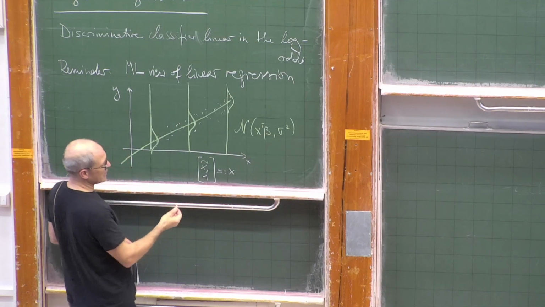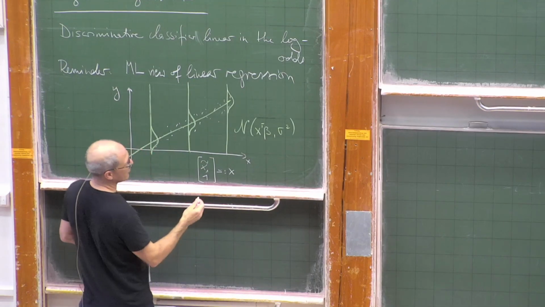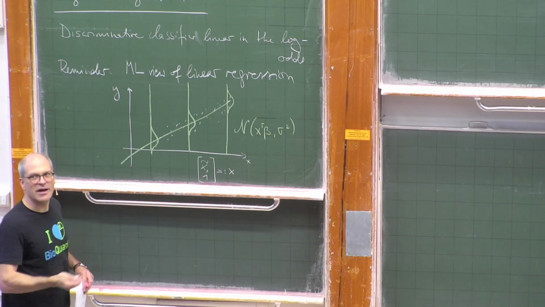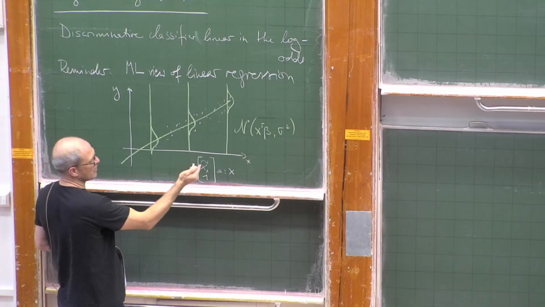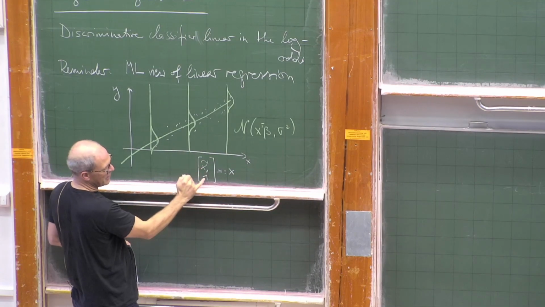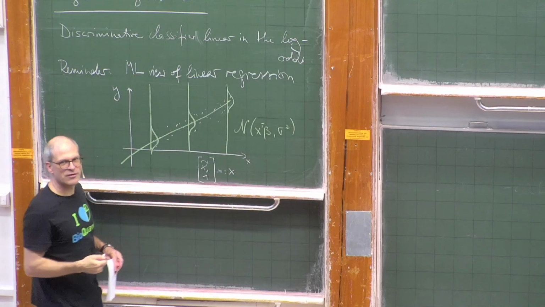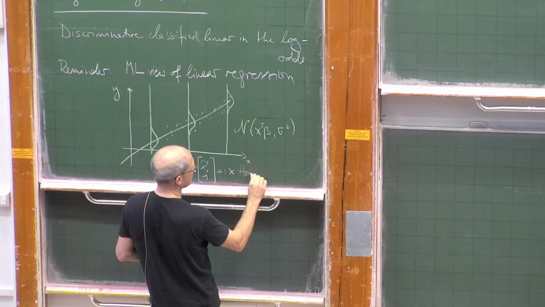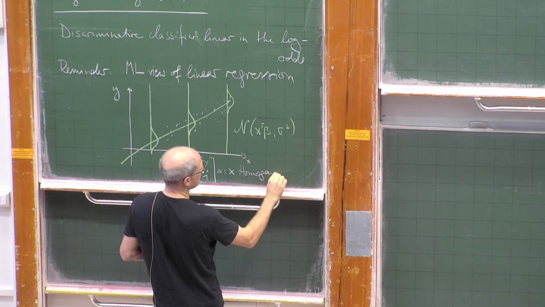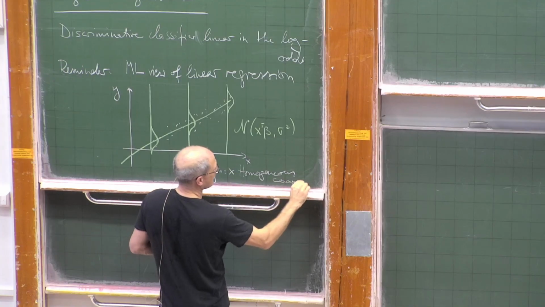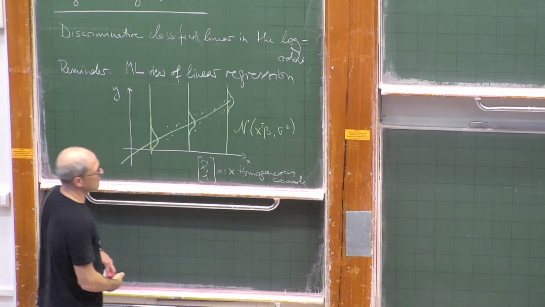And if I now write x transpose beta like here, then beta has several components. It has one component for each of my linear features, and it has one component for the 1, which is the intercept. So this would be the homogeneous coordinates, which I'm using most of the time.